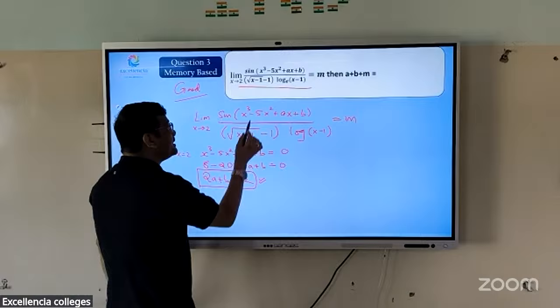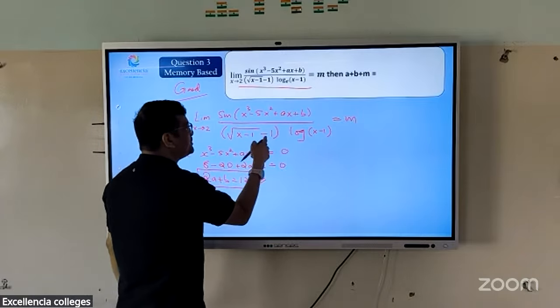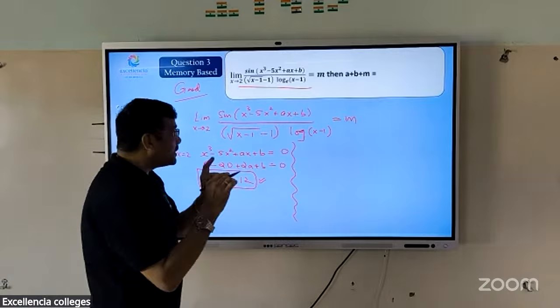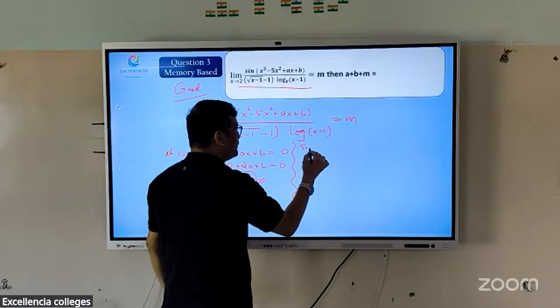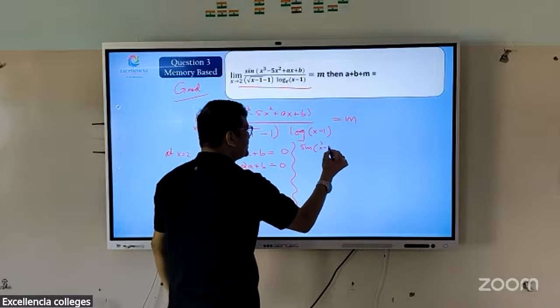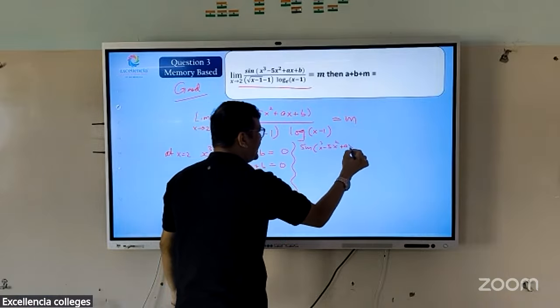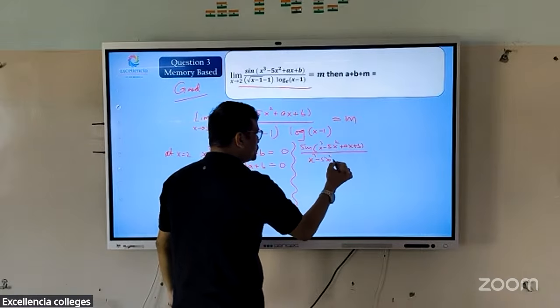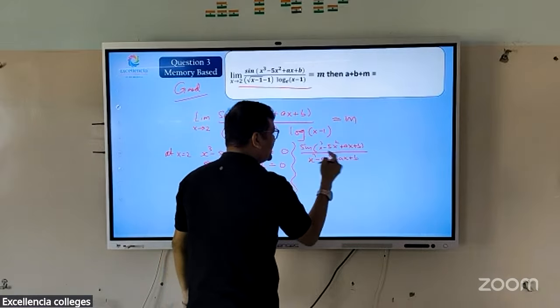I can apply L'Hospital's rule. So what we do: sine of (x cube minus 5x square plus 8x plus b) divided by (x cube minus 5x square plus 8x plus b) becomes sin x by x form, which will become 1.